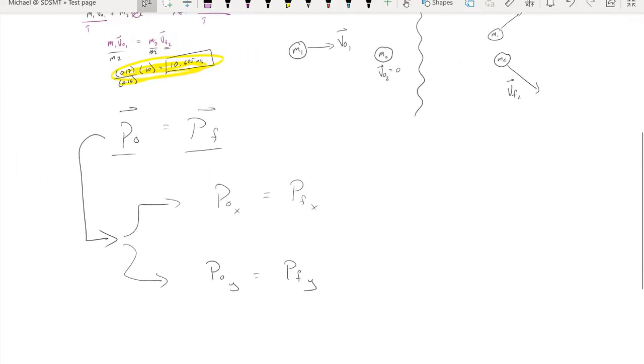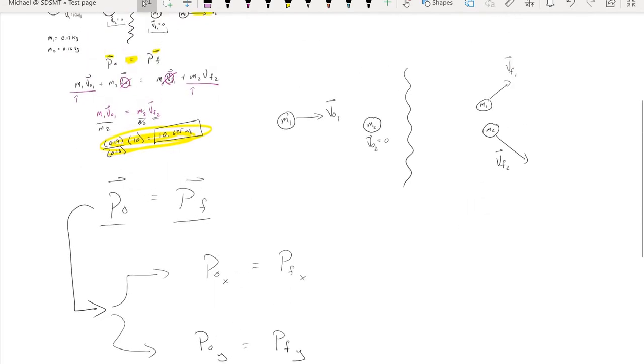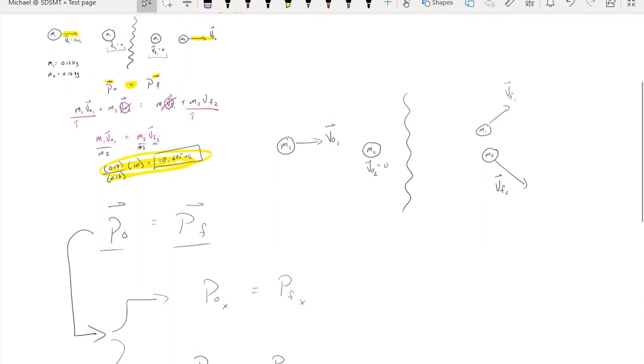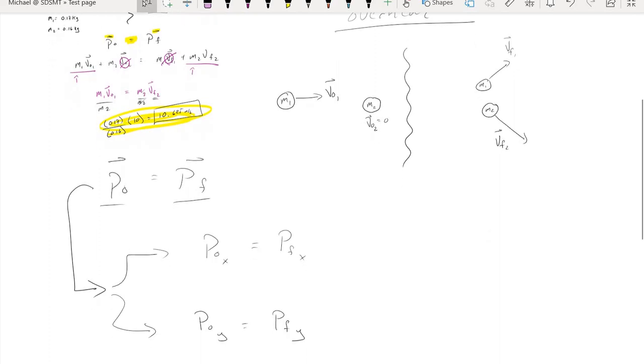In our case, we have a two-dimensional system where we're basically looking down on top of the billiard table. So this is an overhead view. We're assuming that the billiard table is flat and horizontal, so we don't need to worry about a z-axis right now.